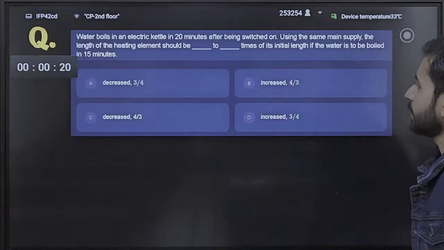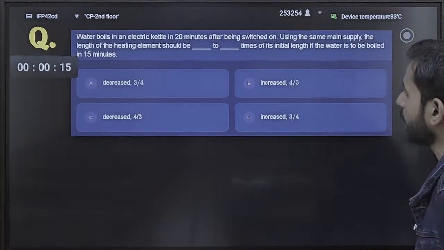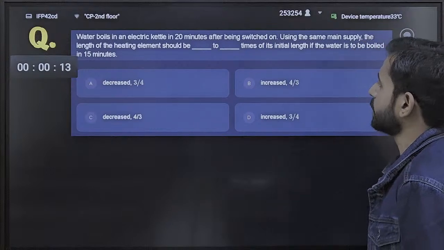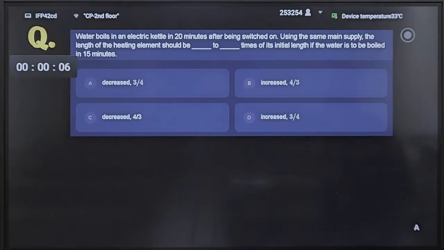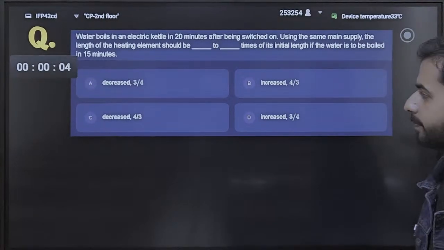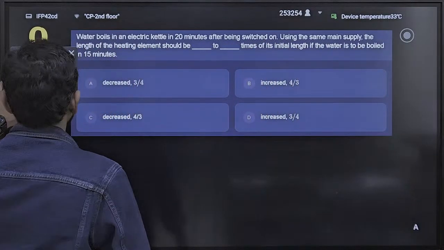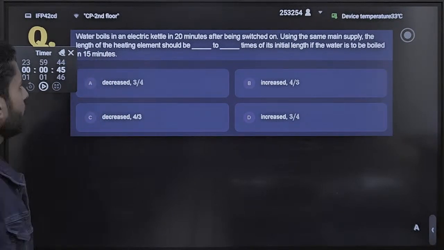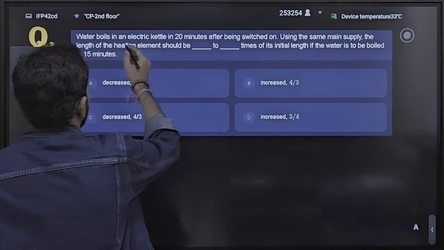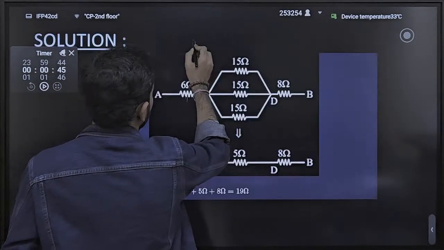Water boils in an electric kettle in 20 minutes after being switched on using the same main supply. The length of the heating element should be... Should we start? What is the question?